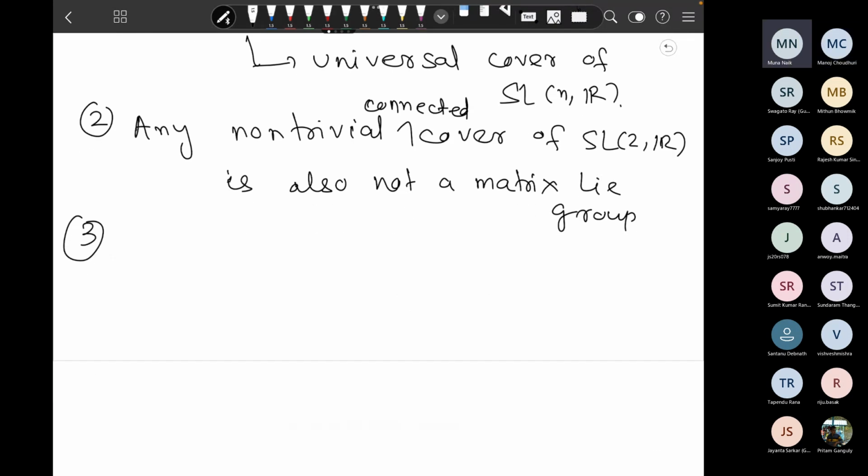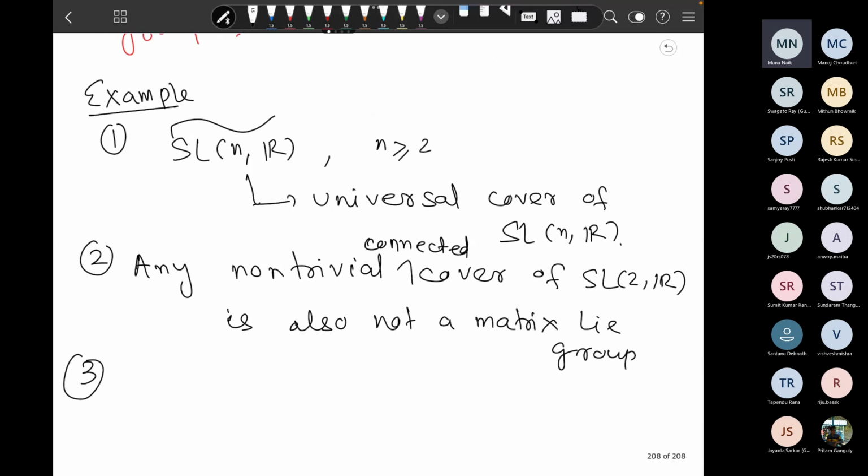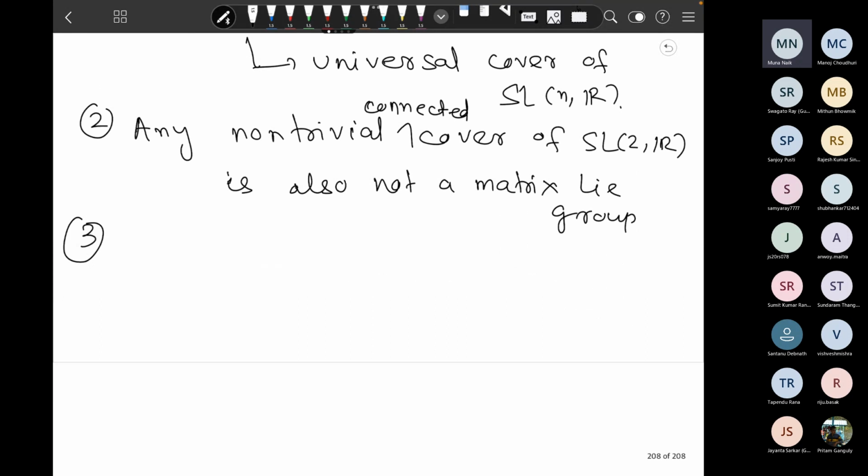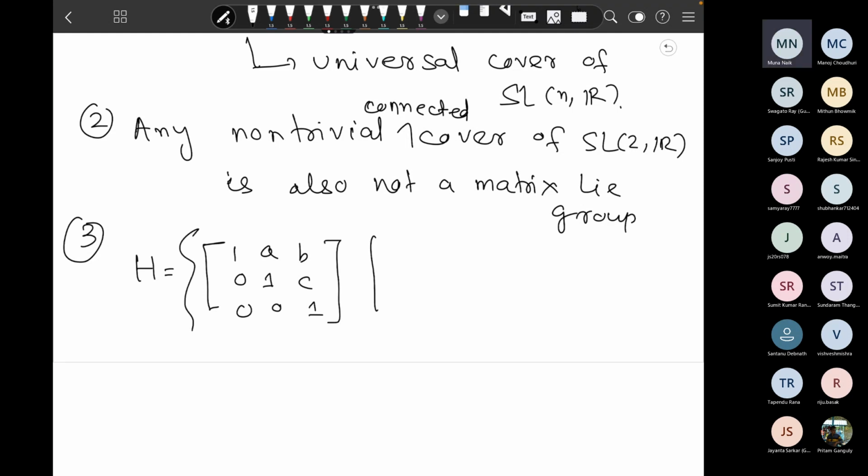Actually, there are other examples also. For instance, you take H to be the Heisenberg group, the matrices 1 a b, 0 1 c, 0 0 1, where a, b, c belong to R. This is a matrix Lie group.